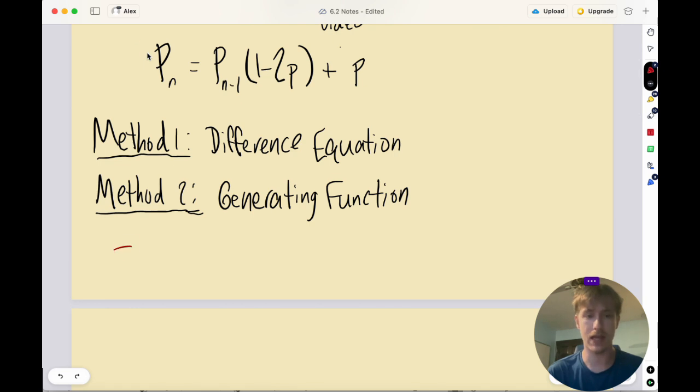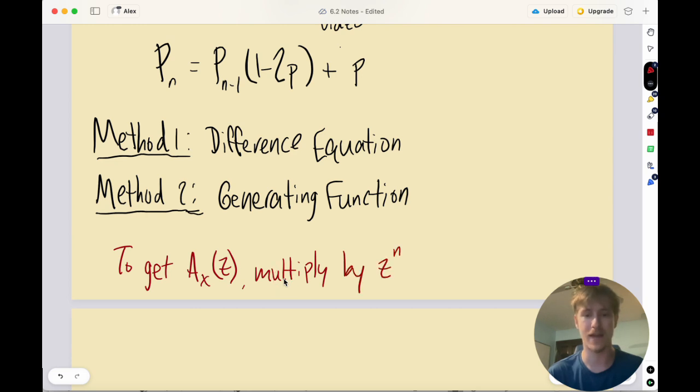And what I'm going to say is, to get the generating function, first thing we're going to do is, well, we need a z to the n, right? So we're going to multiply everything by z to the n, and then we're going to sum from 0 to infinity. Okay, right?